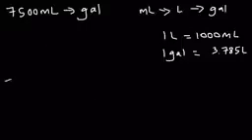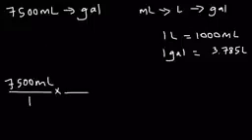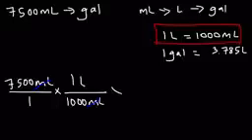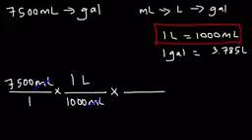So let's start with what we're given, and that is 7,500 milliliters over 1. So let's use the first conversion factor to go from milliliters to liters. So we're going to put 1,000 milliliters on the bottom so that these units will cancel, and then 1 liter on top. Now let's use the second conversion factor to go from liters to gallons.